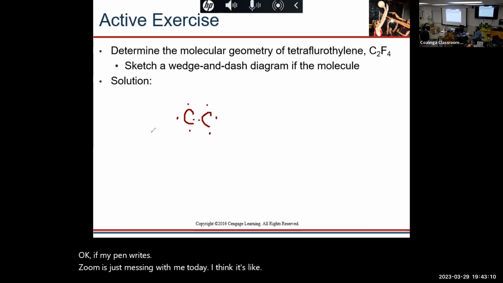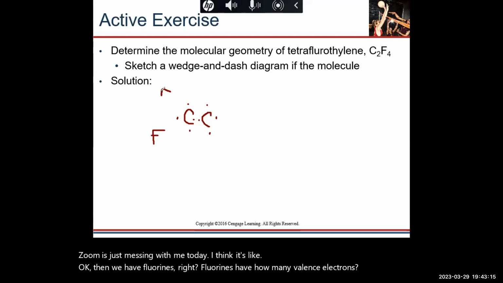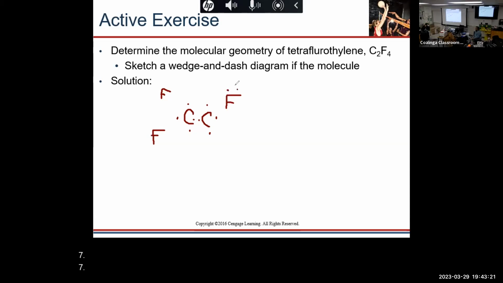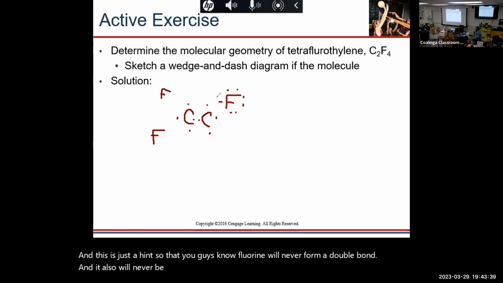Okay, and then we have fluorines, right? Fluorines have how many valence electrons? 7. And this is just a hint so that you guys know, fluorine will never form a double bond, and it also will never be in the middle, unless there's hydrogens.